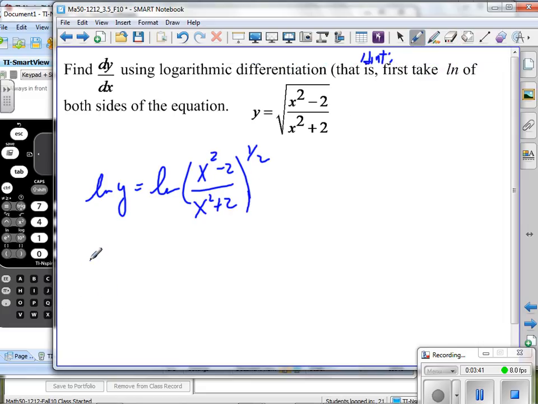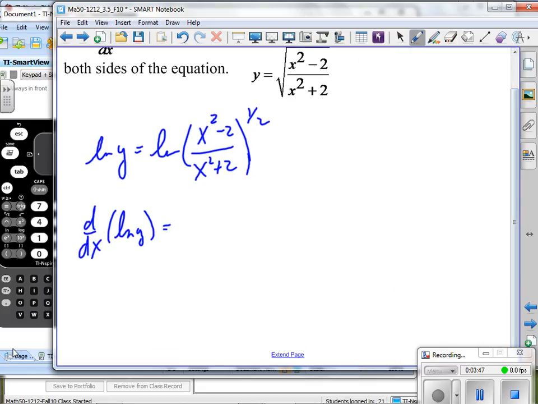And if I take the derivative with respect to x of the natural log of y, now we just have to know what is the derivative of the natural log. Again, I can stop and ask you, what is the outside and the inside function here? And the outside function is?